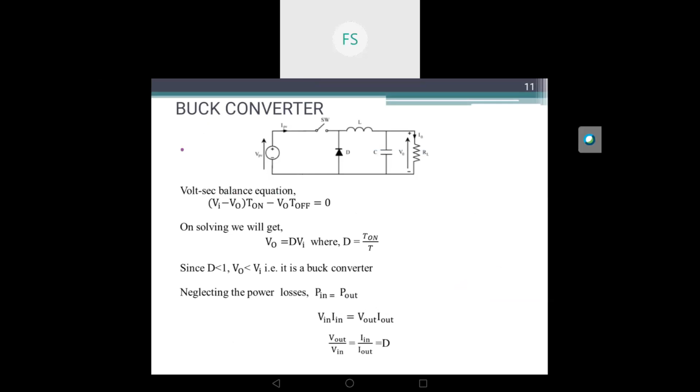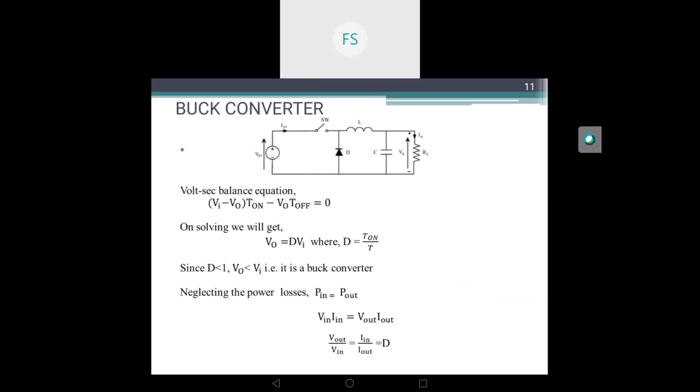Volt-second balance refers to the fact that over one complete switching cycle, the total volt-seconds applied to an inductor must be 0. We can actually prove it mathematically, but I'm not going much deeper.